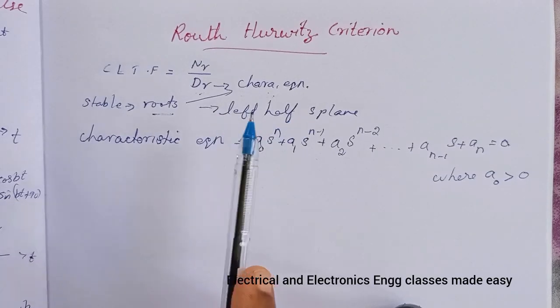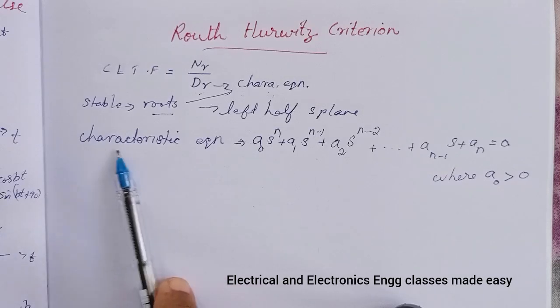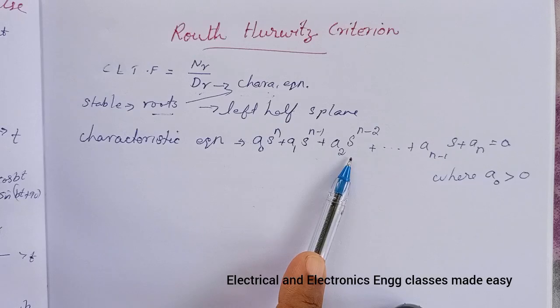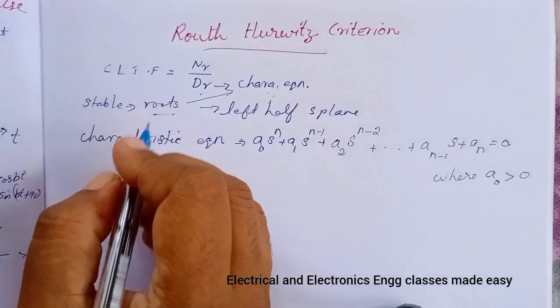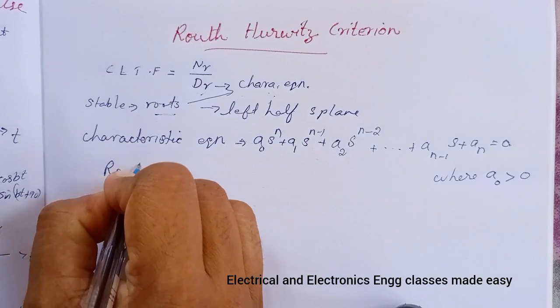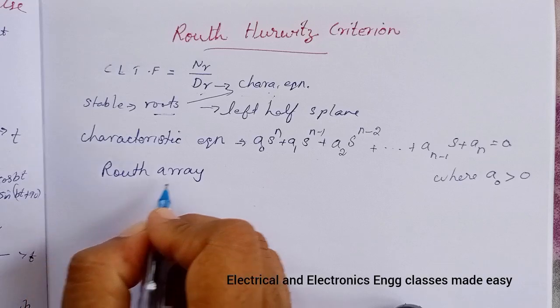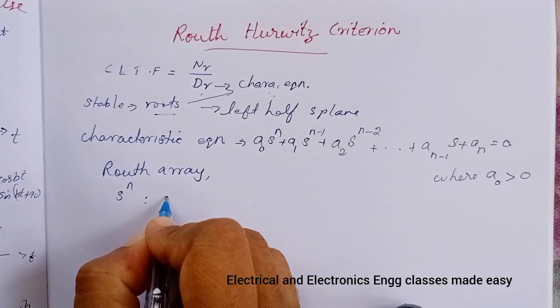So the Routh stability criterion is based on ordering the coefficients of the characteristic equation into a schedule called the Routh array. So the Routh array looks like this: s raised to n.